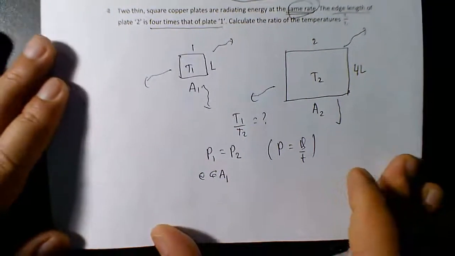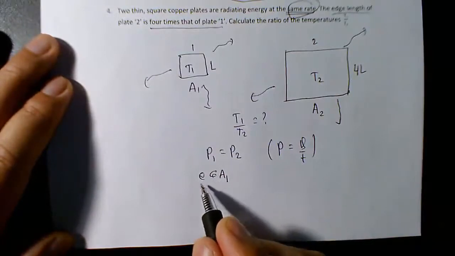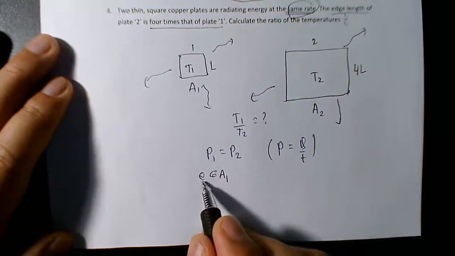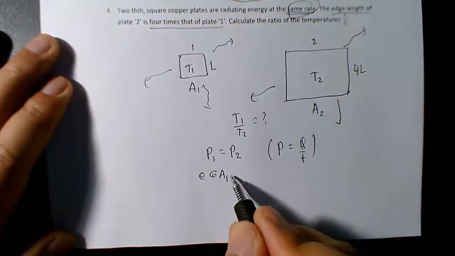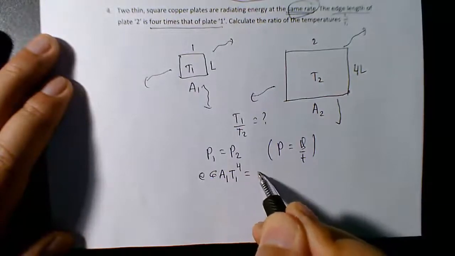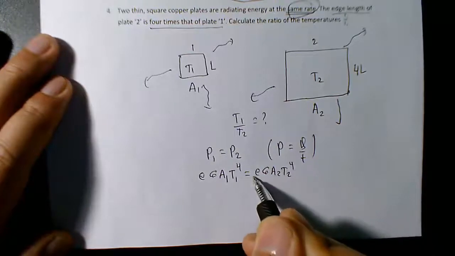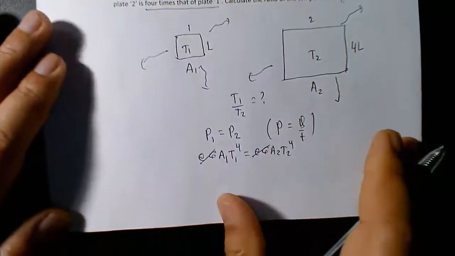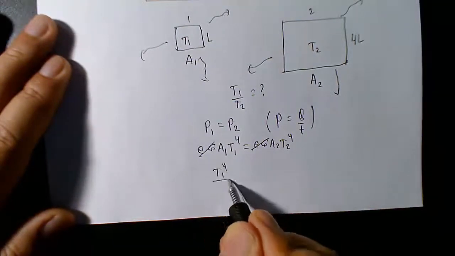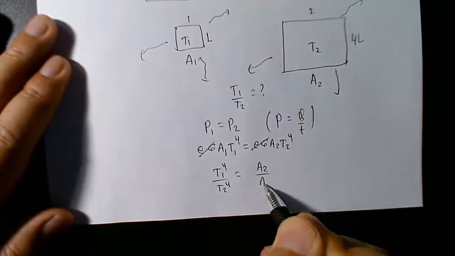They have the same emissivity because they are both copper, and sigma is always constant, but the area is different. E sigma will cancel out because they are the same for both, and we're solving for T1 over T2. So T1^4 divided by T2^4 equals A2 over A1.